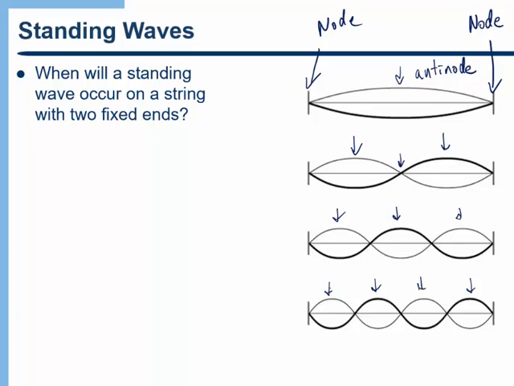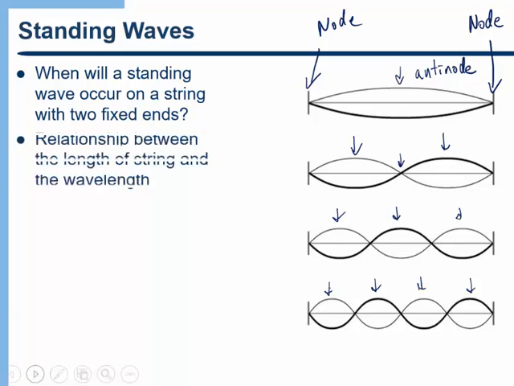So let's see if we can figure out what the relationship is between the wavelength on the standing wave and the length of the string. You'll notice the length of the string, I'm going to use L. So here's the length of the string.